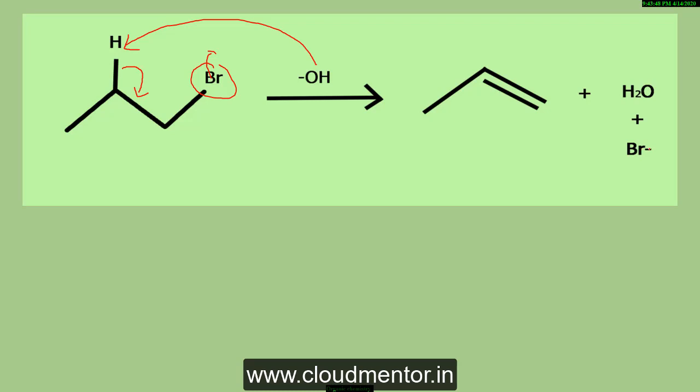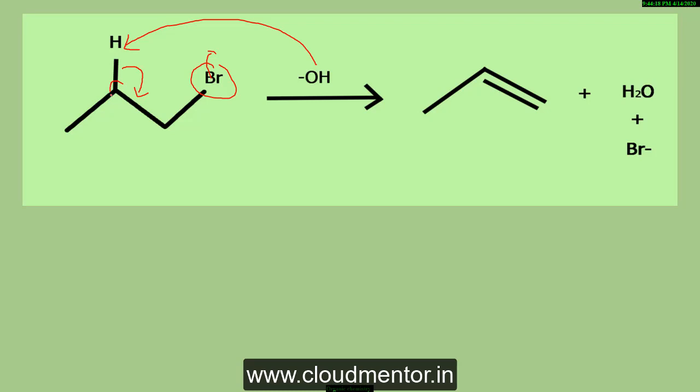One thing that is important to keep in mind is that an elimination reaction is a beta elimination reaction. What do you mean by beta elimination? If bromine is the leaving group, then this carbon is the alpha position, and this is the beta position.